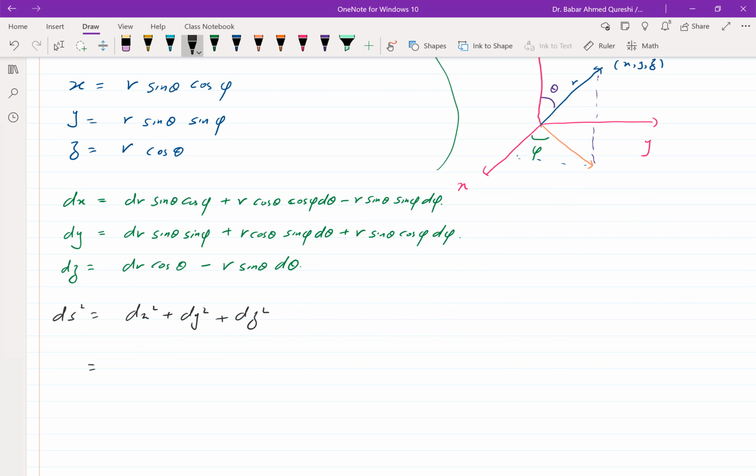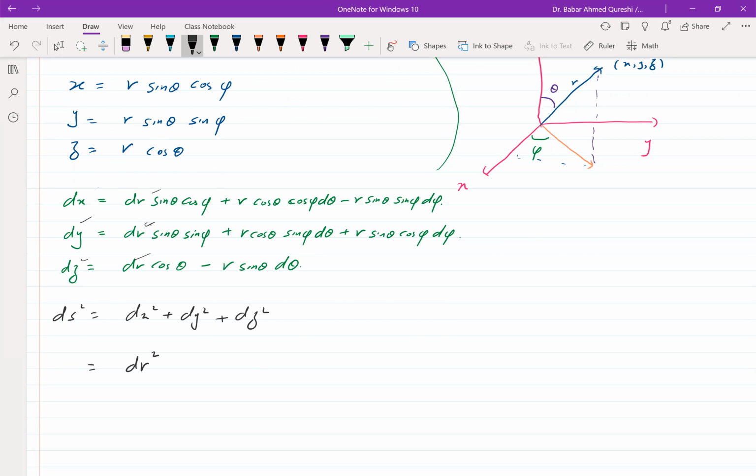But when you do dy square, you get the same term but with sine square phi. So when they add, they give you dr square sine square theta. Then when you square dz, you get again a dr square term, but this time with cos square theta. That cos square theta will eat up the sine square theta to give you 1. So for the dr square term, you just get dr square.